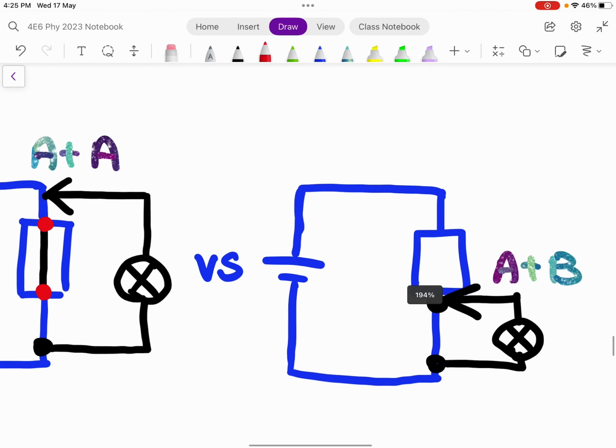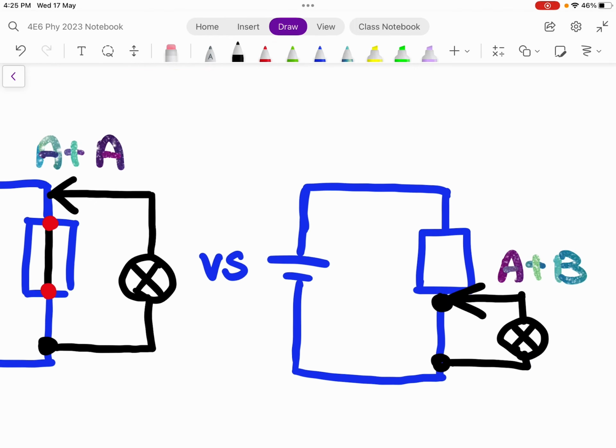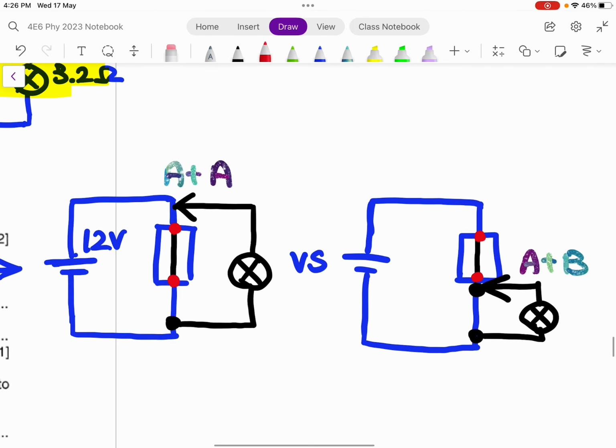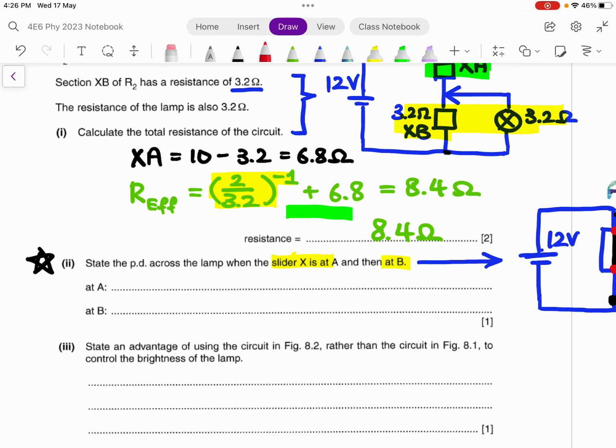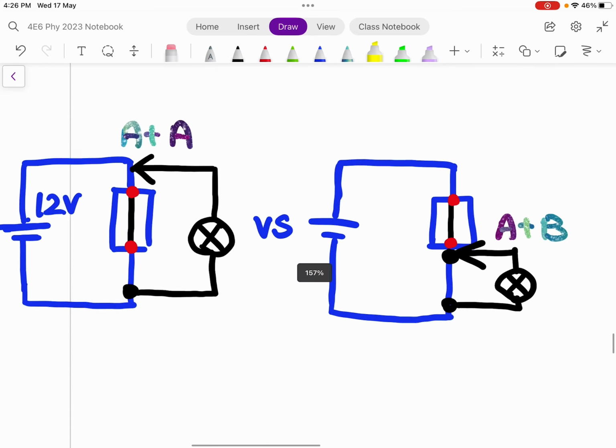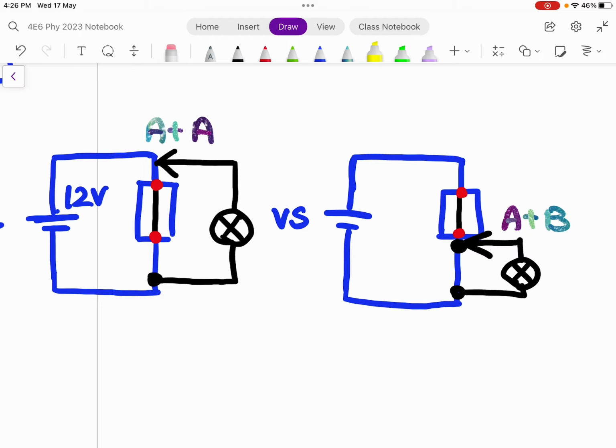The other one is that the slider is right at the beginning of the resistance wire, like that. So far, okay? Then they want you to find the potential difference across the lamp. So basically, they just want you to find the V of the lamp.